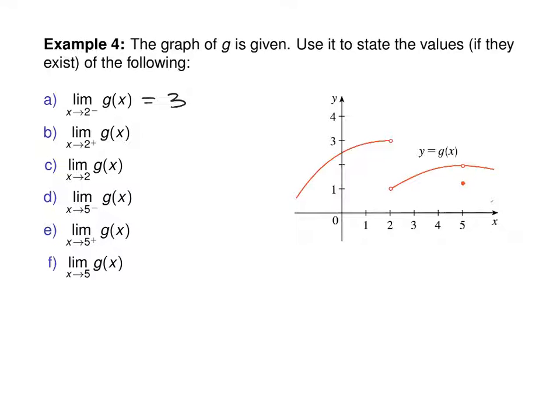Okay, how about as you go to 2 from the other side? The y gets close to 1. So what about C? Limit as x goes to 2 with no side specified. Does not exist. And you must give your answer in WebAssign like that with all capital letters. And you can say as A is not equal to B.